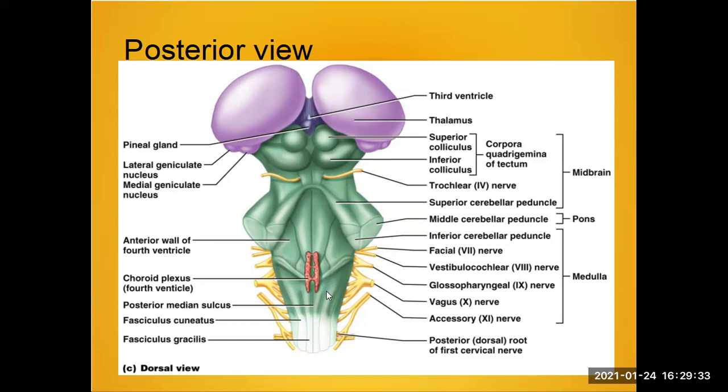You can see fasciculus gracilis, fasciculus cuneatus, tuberculum gracilis and cuneatus, posterior median sulcus, posterior surface of the pons, and corpora quadrigemina of the tectum.